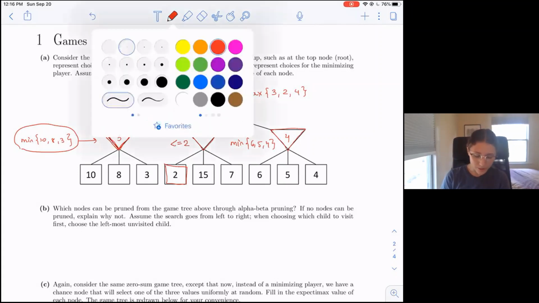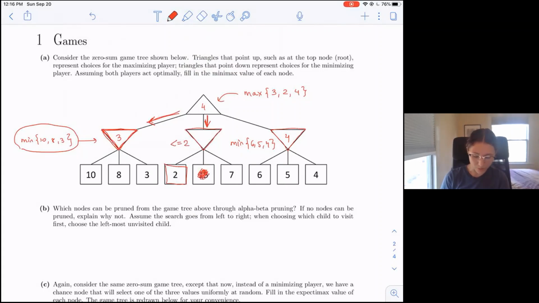And so for a moment, I just want us to pretend as if we didn't know what these actual numbers here are, because that's actually what alpha-beta pruning would be doing. It doesn't actually know what those other values are. It doesn't even want to explore them if it doesn't have to.